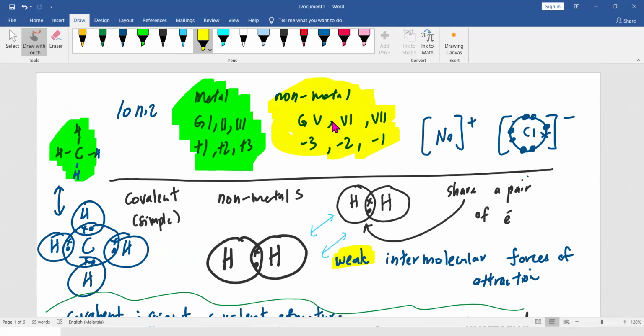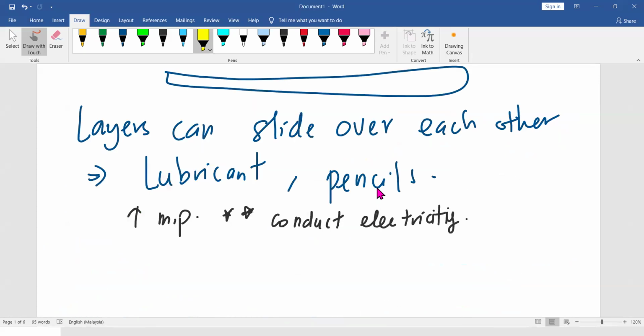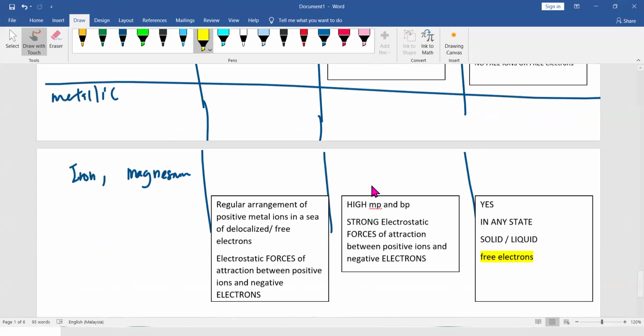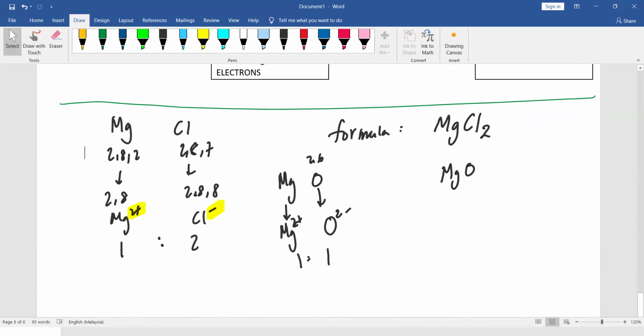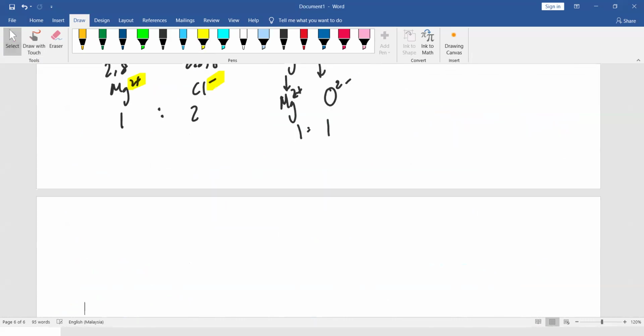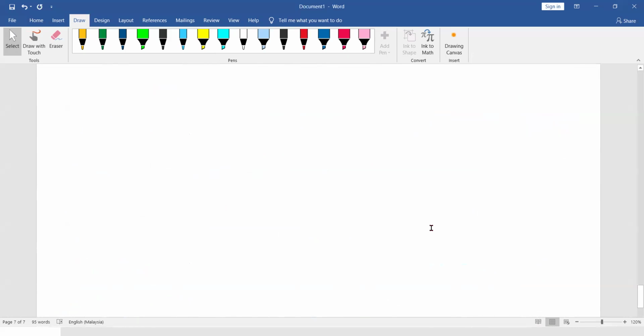Group 2, positive 2. Group 3, positive 3. Group 7, negative 1. Group 6, negative 2. Group 5, negative 3. That one cannot change. For those of you who are going to take Form 4, same thing, you have to memorize it anyway.